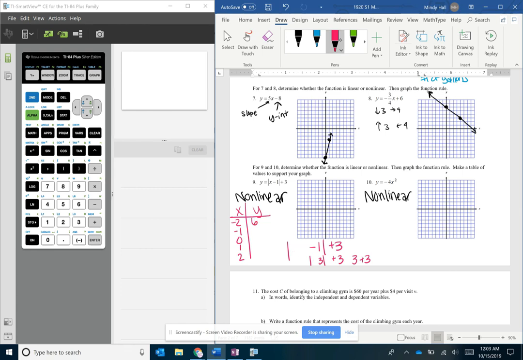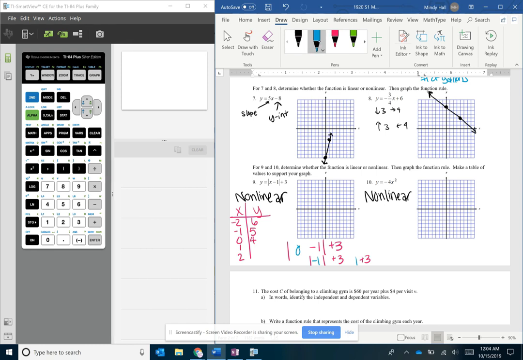So then I plug in my next number, -1. -1 minus 1 is -2. The absolute value of -2 is 2, and 2 plus 3 is 5. Okay, and then we take that number out, and we do it again. 0 minus 1 is -1. Absolute value of -1 is 1, and 1 plus 3 is 4.